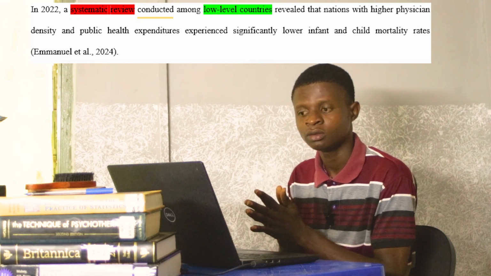So this is how your literature review should be. You have to mention the type of study design that they used and where the study was conducted. This statement makes account that the study was a systematic review and it was conducted in low-level countries.